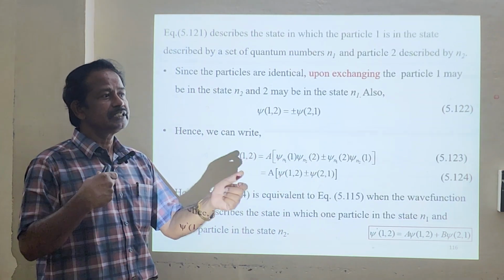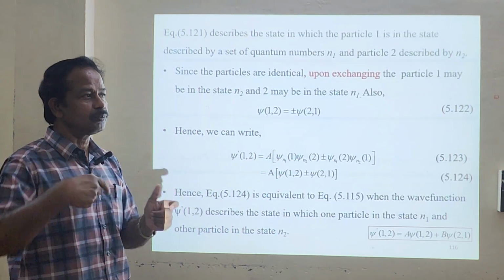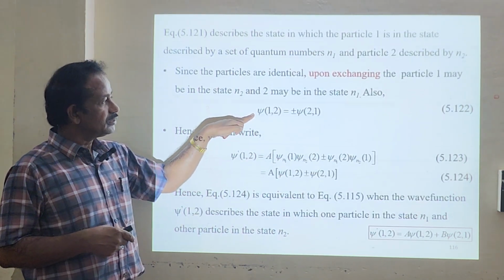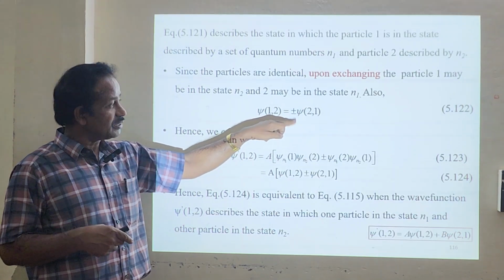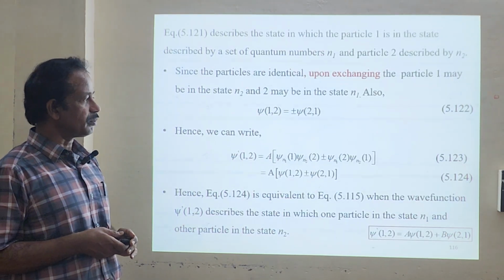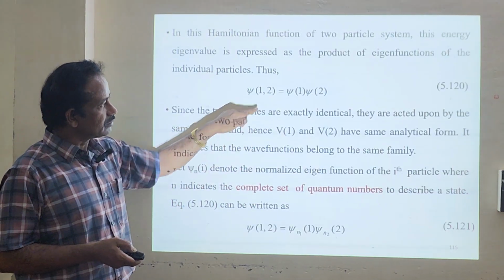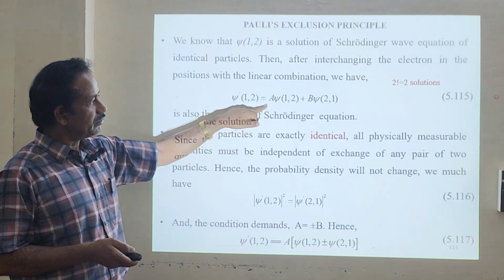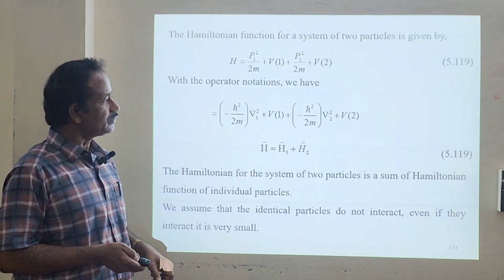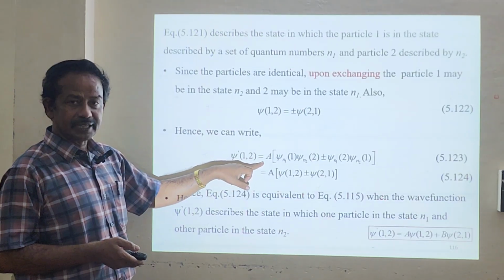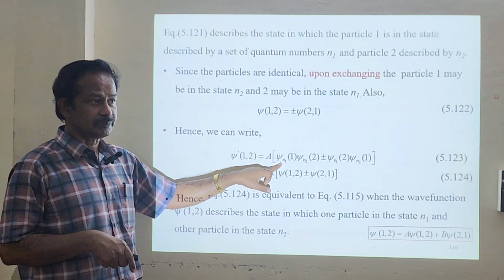Now we are going to interchange. We are going to swap particles 1 and 2. So psi(1,2) will become plus or minus psi(2,1). Okay, so generally we can write this equation exactly in this form, with a set of quantum numbers.